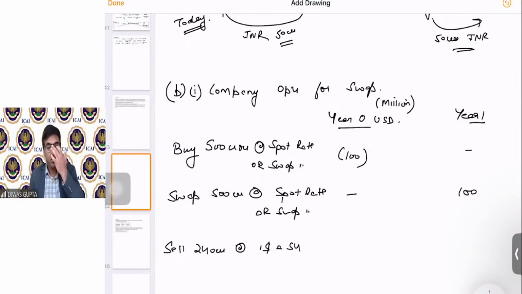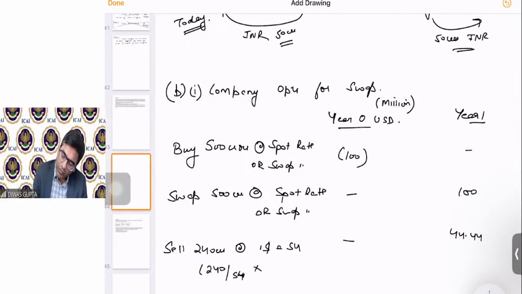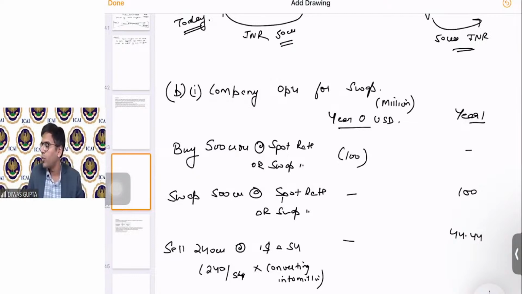Reason being, this was not covered under the swap. So how much will I get? 44.44 is what I will get, which is 240 crore divided by 54, correct? And converting into millions, this will become 44.44 million, students.